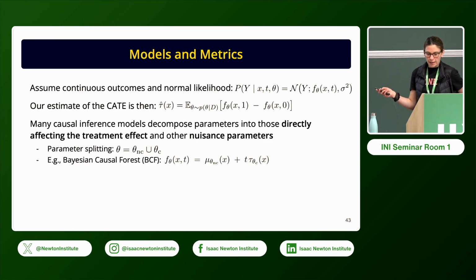Okay, and one example of this is Bayesian causal forests, right? I guess if you've worked in causality, this is a very popular model, which is given by this expression here, right? So we have the parameter that doesn't affect the treatment effect, and the ones that do.